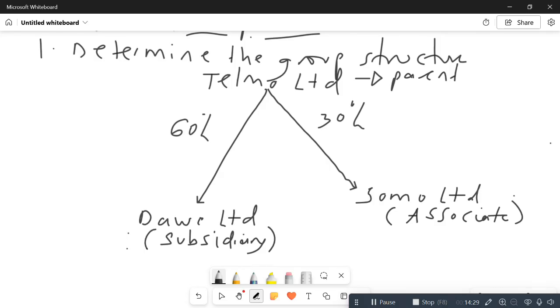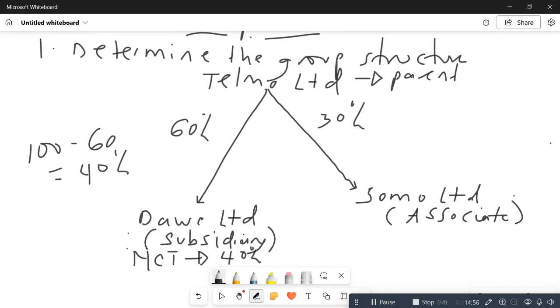But another thing here: as we are owning 60% in Dawe Limited, we have what we call NCI, non-controlling interest, the balance between 60 and 100. It is 100 minus the 60 you are controlling, which makes 40%. So our NCI here is 40%. We shall see how to use that.